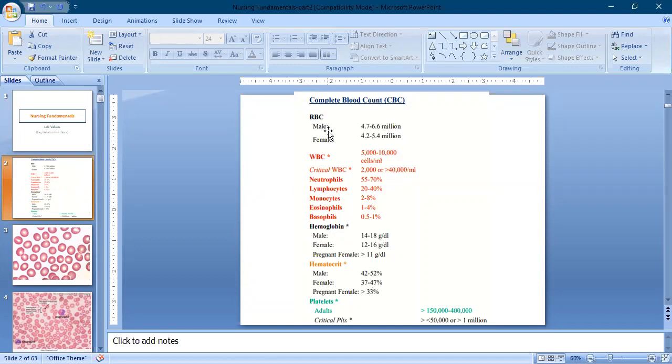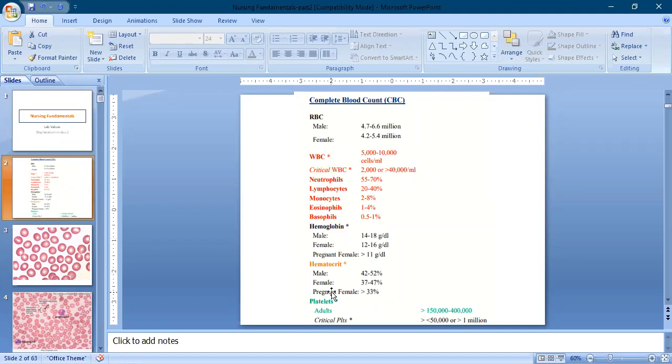So I want to recap it. Red blood cell, hemoglobin, and hematocrit are actually interlinked with each other. So if the patient has blood loss, RBC goes down, hemoglobin goes down, hematocrit goes down. Blood loss.